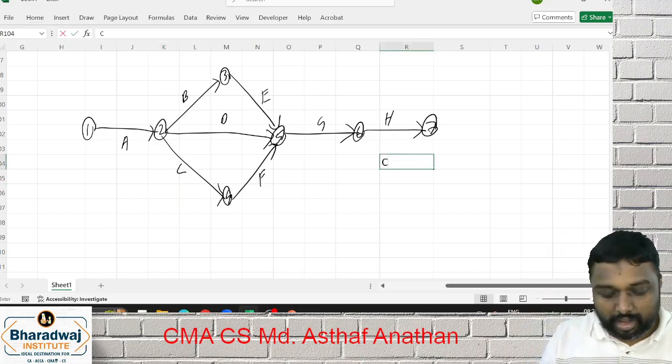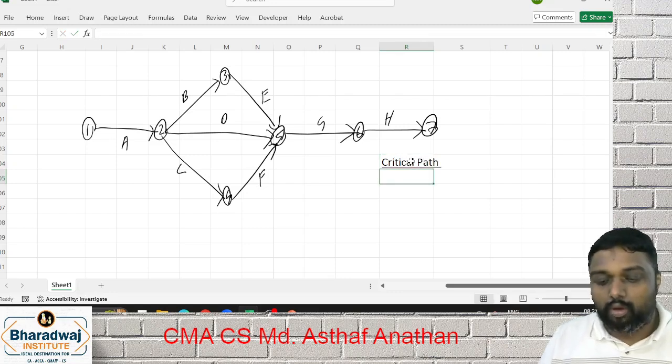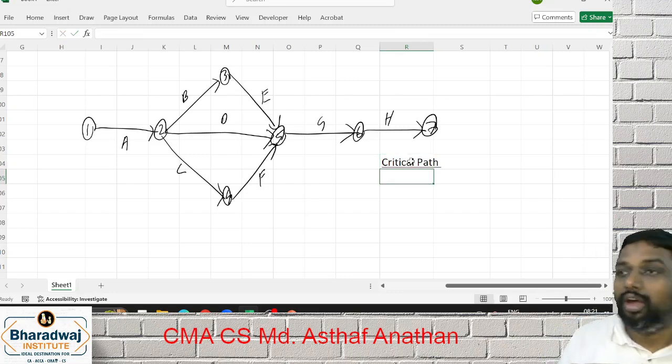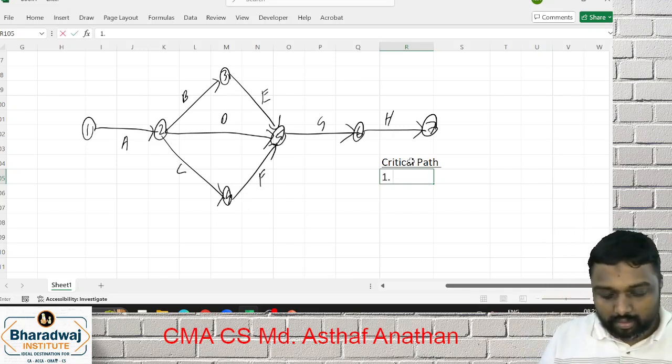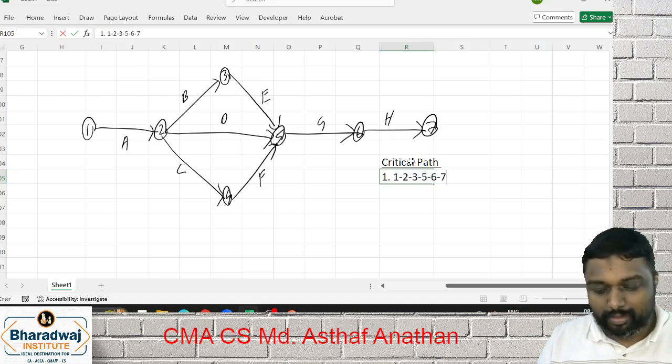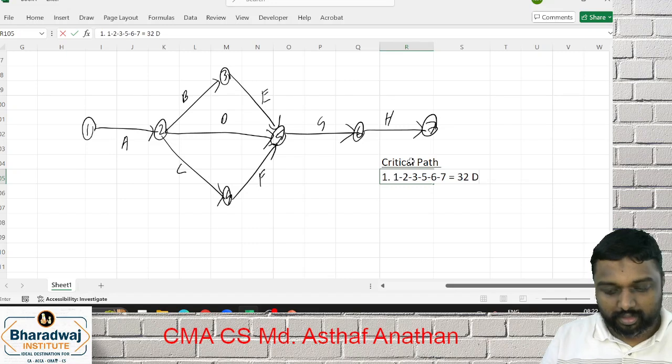So for critical path, we know we have to compute all the possible routes from start to end. So what are the possible routes from start to end? 1 to 2, 2 to 3. How many days? Super.